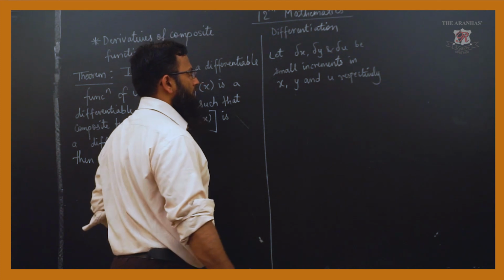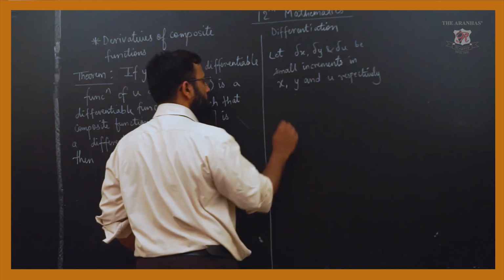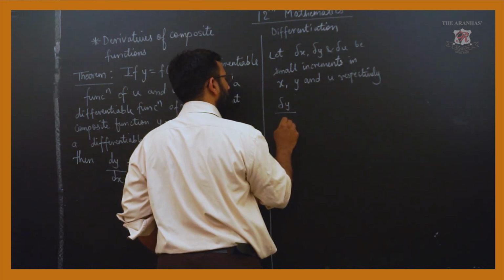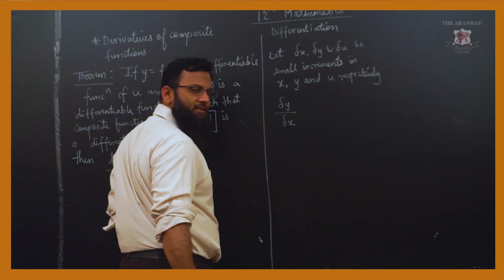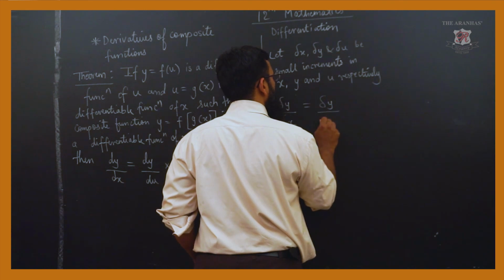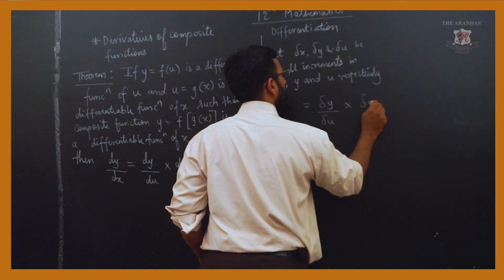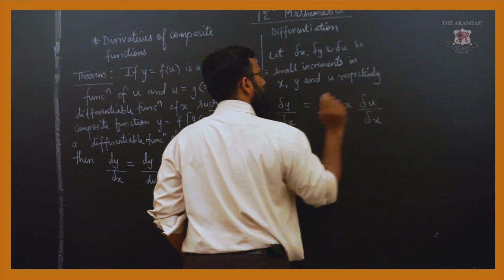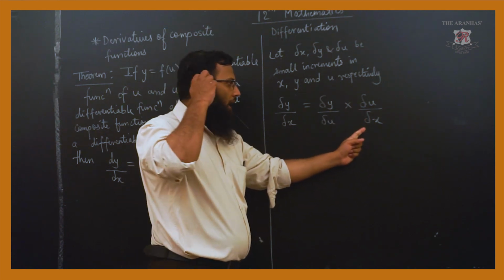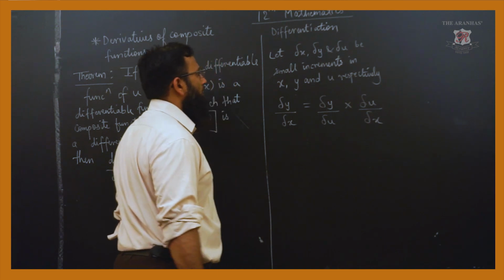Under such a situation, we are aware that delta y by delta x can be written in this manner: delta y by delta u into delta u by delta x. So if you observe this carefully, the RHS corresponds to the LHS, they are one and the same.